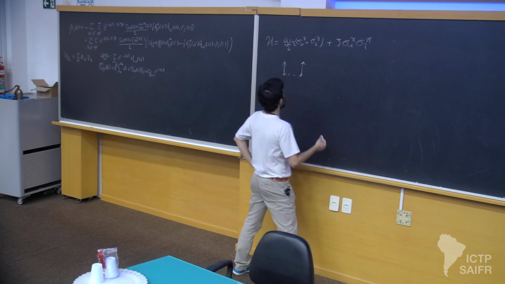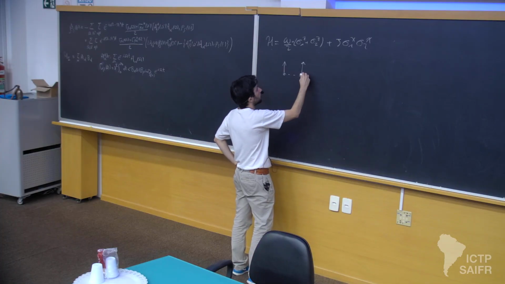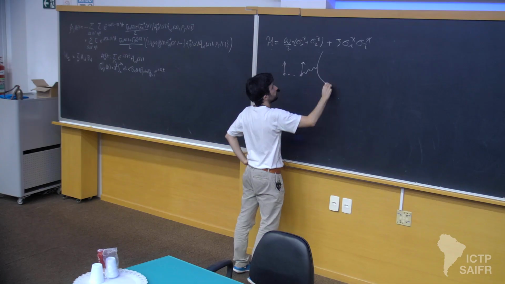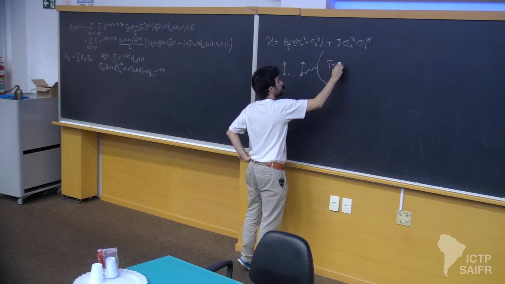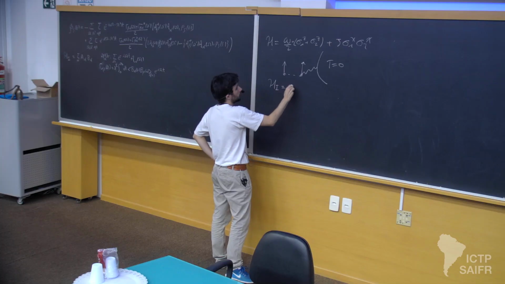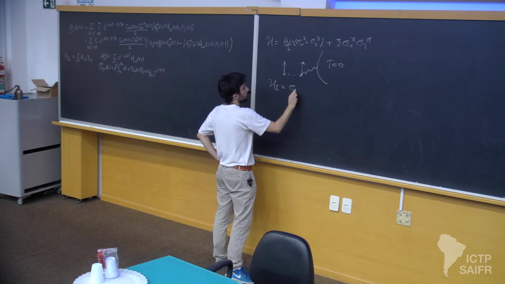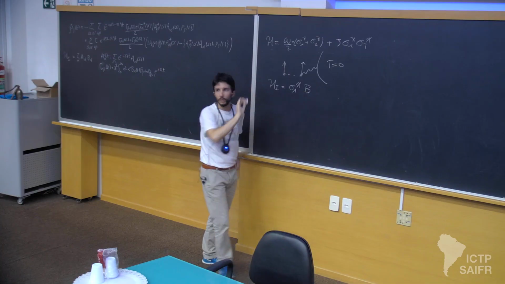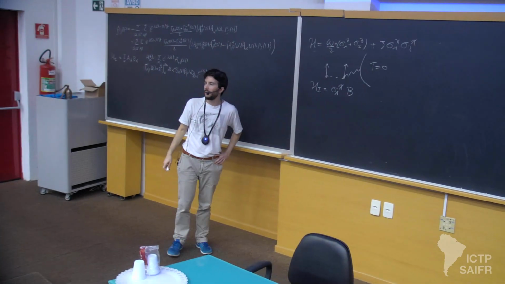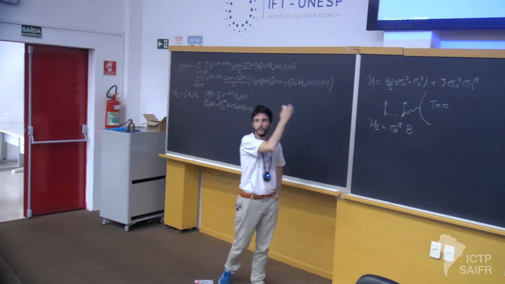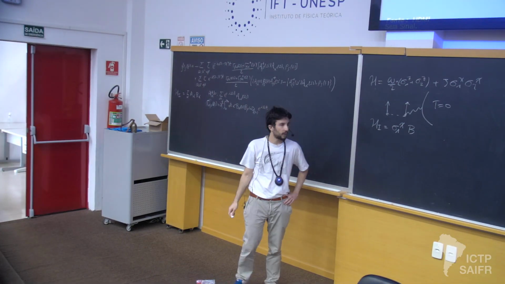So now I connect one of the spins to a reservoir at 0 temperature with an interaction which is sigma x times some operator of the bath. I don't care exactly which one, as long as the conditions for all of this to work are satisfied.